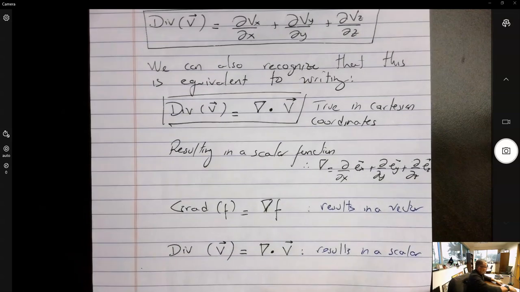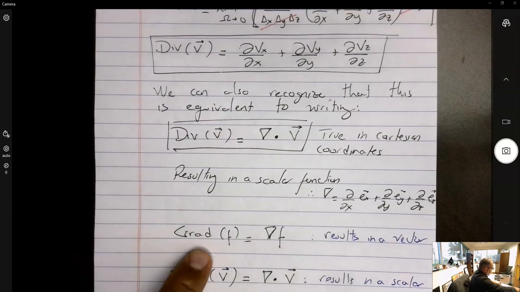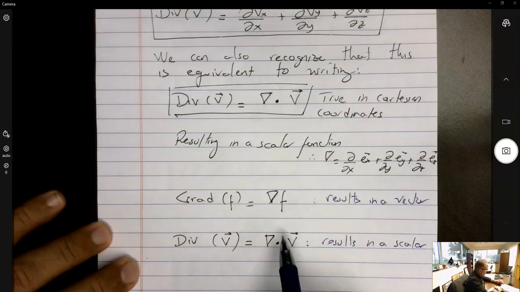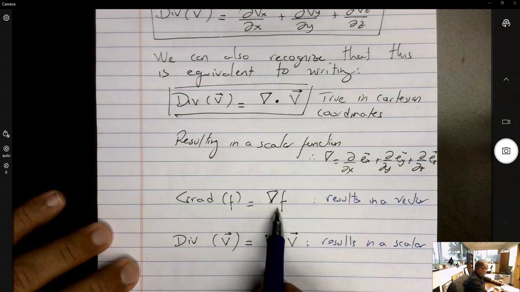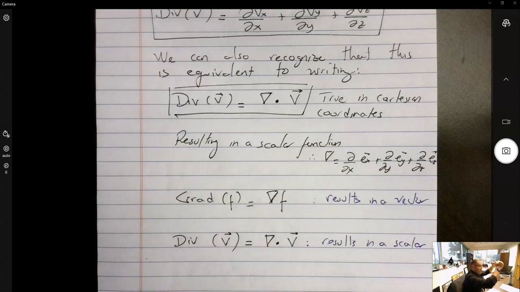So be careful with that. These are not the same thing. Del f is not the same thing as del dot V. One is the gradient and the other one is the divergence. One increases the vector order, the other one decreases it, going from vector to scalar.